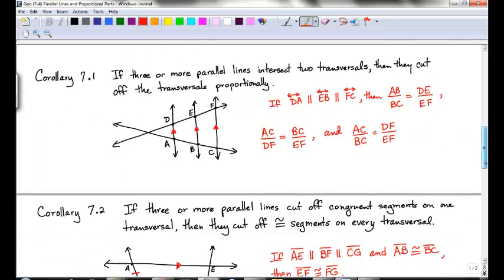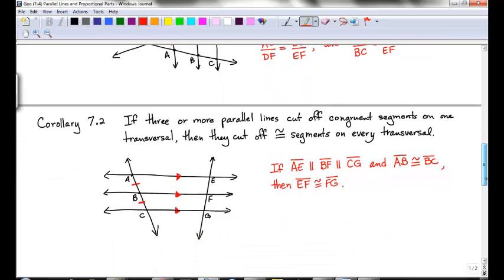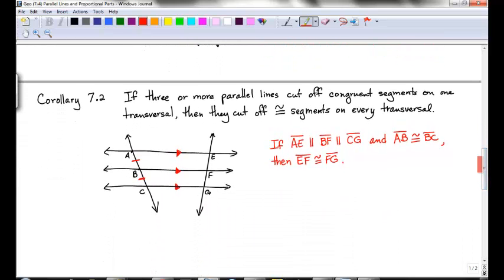Okay, then on the back page, make sure it came off on the back page. Corollary 7.2. If three or more parallel lines cut off congruent segments on one transversal, so here's your three parallel lines going this way, here's your transversal, and these are marked congruent, then they cut off congruent segments on every transversal.